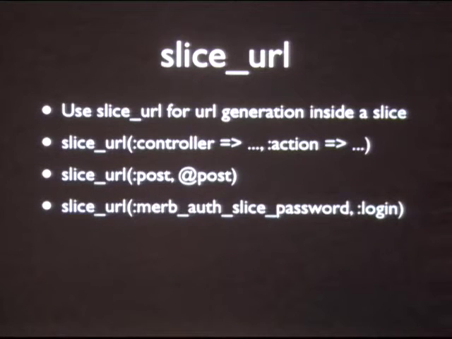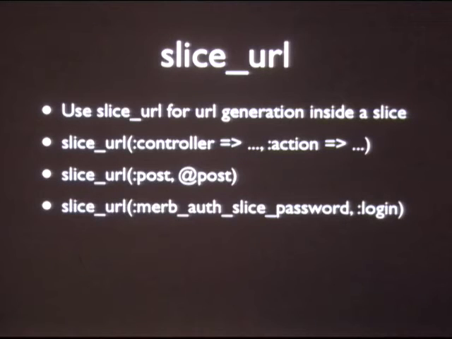You use the slice URL to get around custom name prefixing. Because in the router we saw that you can custom name prefix your slice routes. So you can't use URL because who knows what the host application is going to set the name prefix to. So to get around that, what we can use is this slice URL. When you're in the slice, it defaults to use this slice's routes.